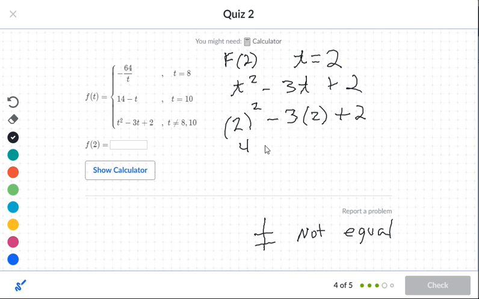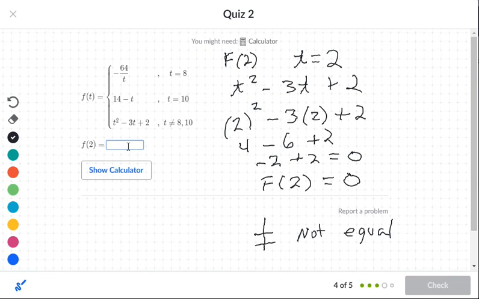A -3 times +2 is a -6 plus 2. Order of operations, we could say subtraction, addition on the same level, so we must take 4 minus 6. So 4 minus 6 is a -2 plus 2, which would be 0. So what we conclude is that f of 2 is equal to 0. So f of 2 would have an answer of 0.